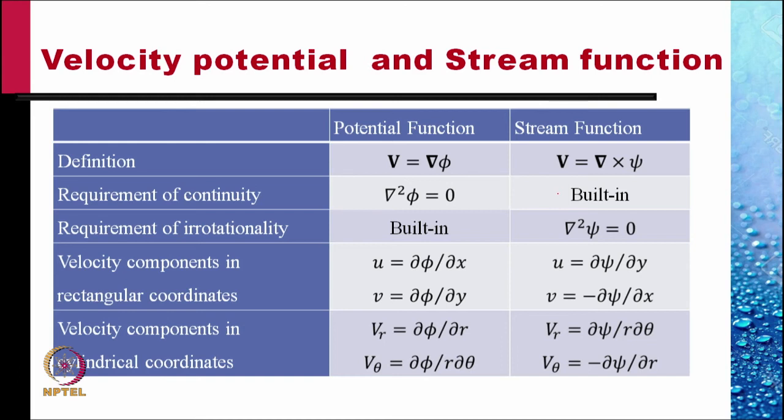The requirement of irrotationality is built into the potential function. But for the stream function, it becomes del square psi is equal to 0. So both phi and psi satisfy Laplace equation. Given below are the velocity components in the rectangular coordinates and in the cylindrical polar coordinates, same as before.